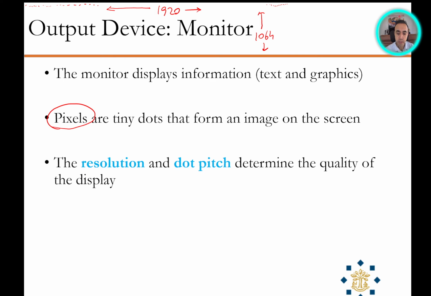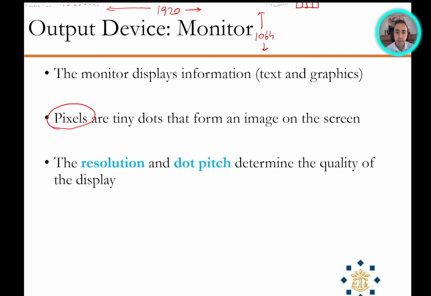So they're called pixels. They're actually really small. I'll just make them bigger for you. So they are these square dots, right? Excuse my drawing. They're really square dots.